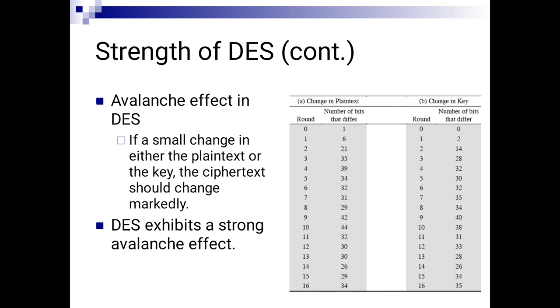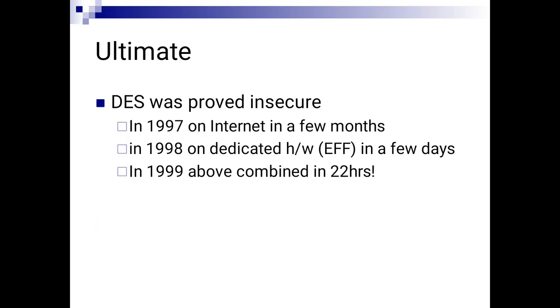Also, in DES a small change in either the plain text or the key should change the cipher text markedly, and DES exhibits a strong avalanche effect. This is about the strength of DES. DES was later proved insecure.